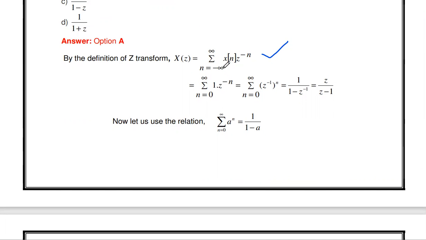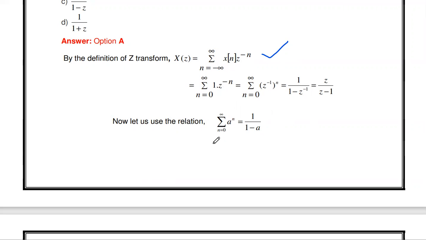We substitute the x of n value here. The unit step sequence u of n has amplitude 1 for n from 0 to infinity. So the summation changes to n equal to 0 to infinity of 1 into z power minus n. This z power minus n can be written as z power minus 1 to the power n.